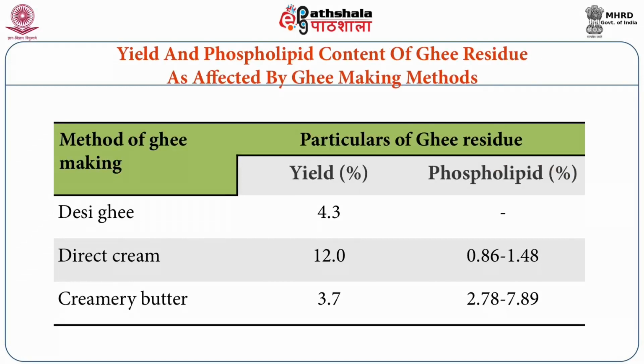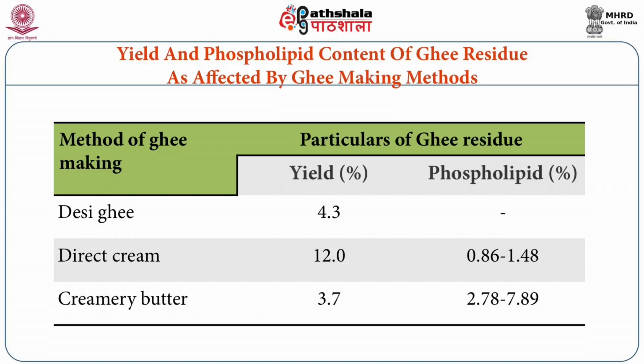Coming to the yield of ghee as made by different methods, as well as the phospholipid content of the ghee residue if you are adopting different methods. Yield is very important. As I told, the higher the losses of fat, wherever it is lost, you will have a lower yield, and the greater the fat recovery, you will have a higher yield.